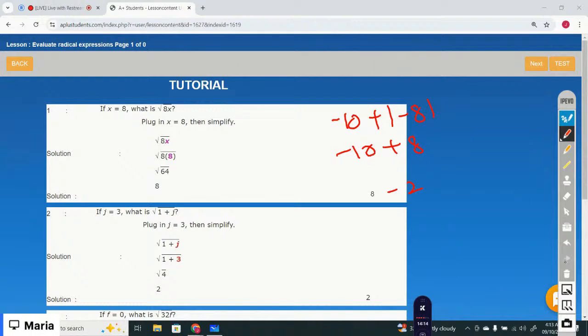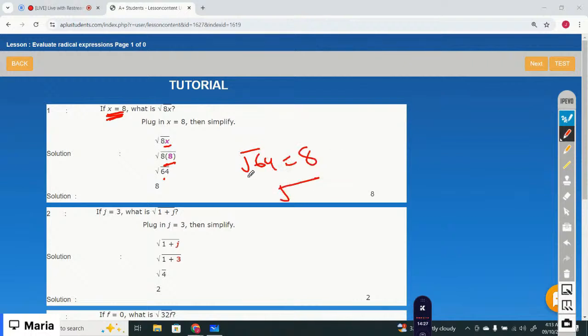So you are given the square root of 8x, right? And you need to evaluate it for x equals 8. So replace x with 8, that is 8 times 8 is 64, and the square root of 64 equals 8, right? You can write 64 as 8 times 8, then you can write it as 8 squared under a square root. So the square and square root cancel out each other. Square and square root are opposite to each other, right? So you are left with 8.